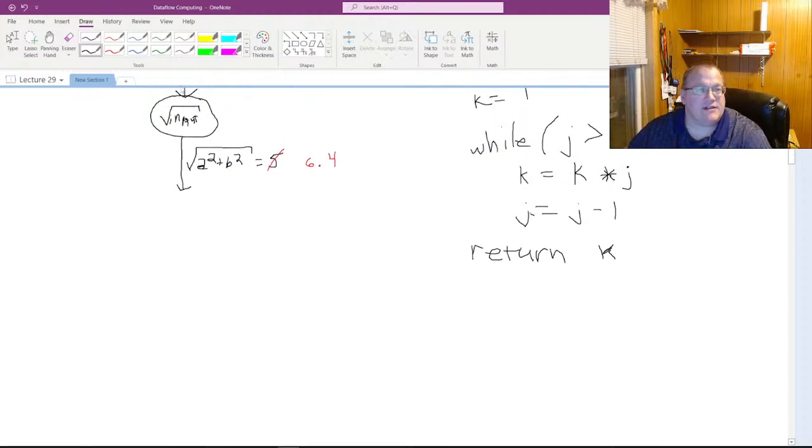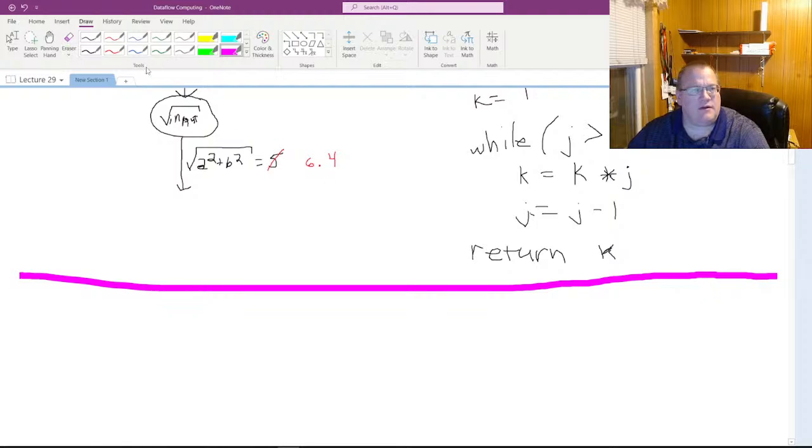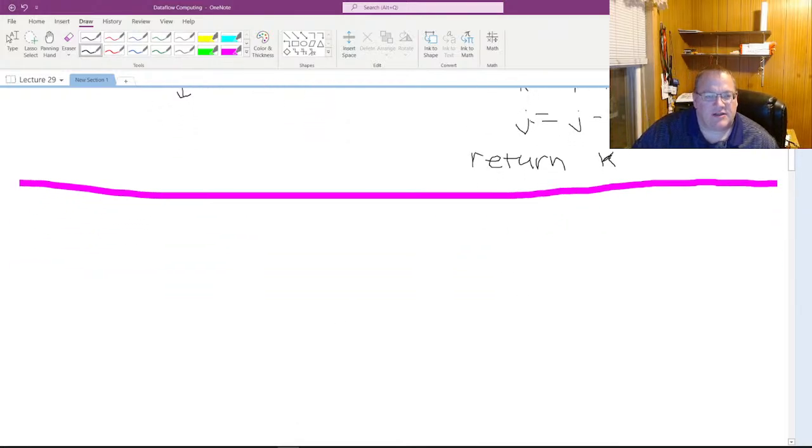Okay, so let's look how this gets done in a Dataflow computer. The book has one way of representing it that I think just has too many lines in it, and I don't like it. So what I'm going to do is I'm going to show you something just a little bit easier. Because really, this just applies to one thing.